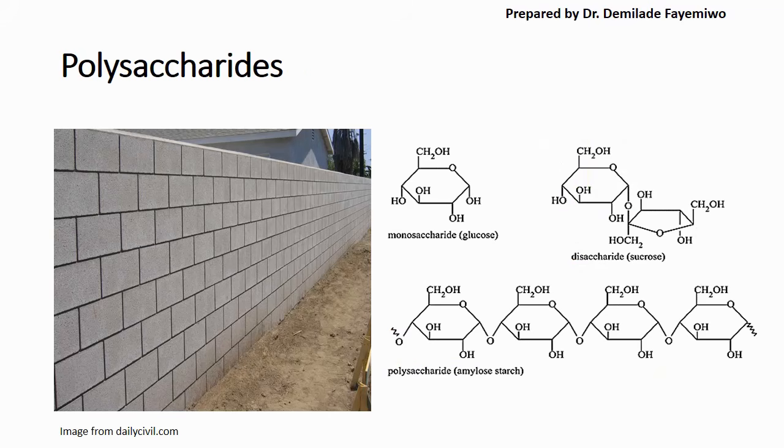And this is a polysaccharide, again just reinforcing that polysaccharides are made from many repeating units of a monomer, in this case of a monosaccharide, and they have many glycosidic bonds, which means that to form a polysaccharide you have to undergo many condensation reactions and release molecules of water.